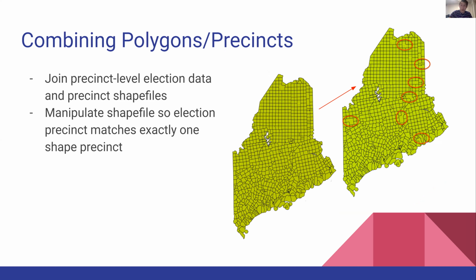So in order to match the format of our shapefile and our election entries, I went in and joined the shapes of each of the precincts in the shapefile. As you can see from the left image to the right image, what was once individual squares now becomes this L shape, as I started merging the precincts to keep that 1-to-1 ratio between the election entries and the precincts in the shapefile.